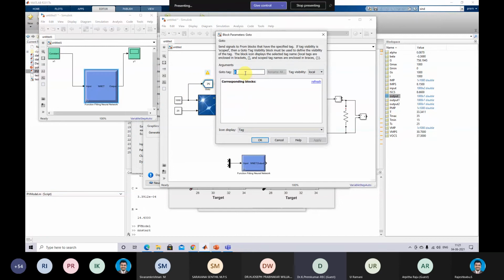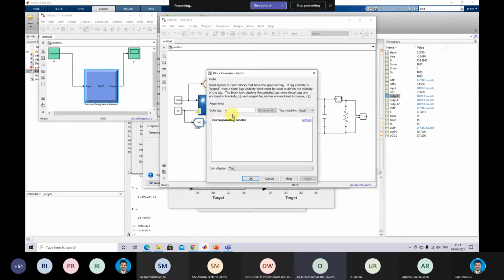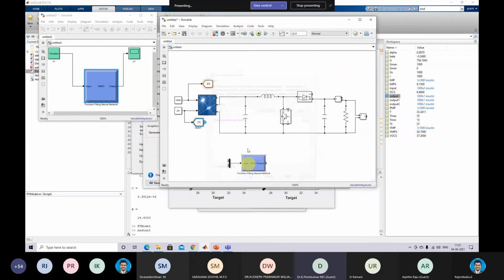This is irradiation, which I'm going to mention as G, and then another Goto block, which I'm going to mention as T. I'm going to use these two. This is the input for that neural network. Next, the output will be the voltage at maximum power point for different irradiation and temperature.